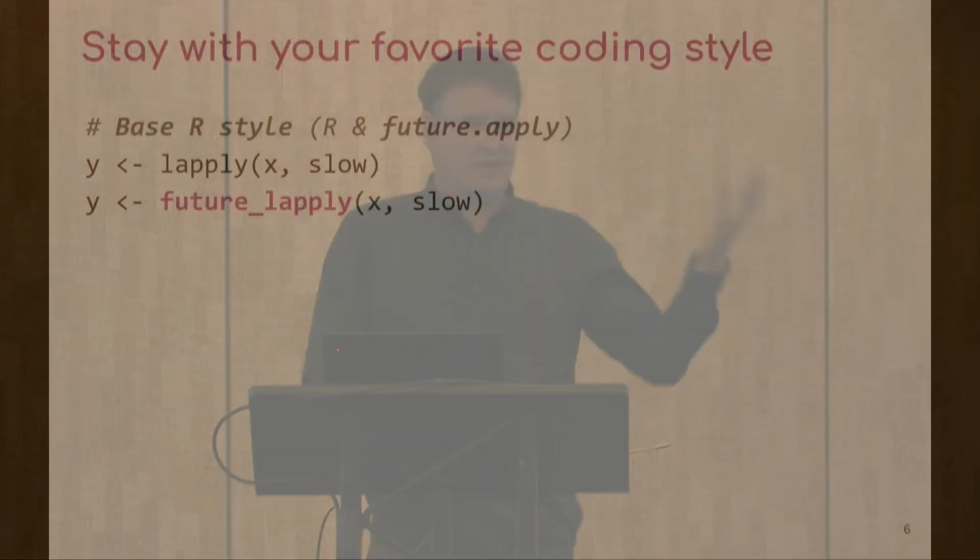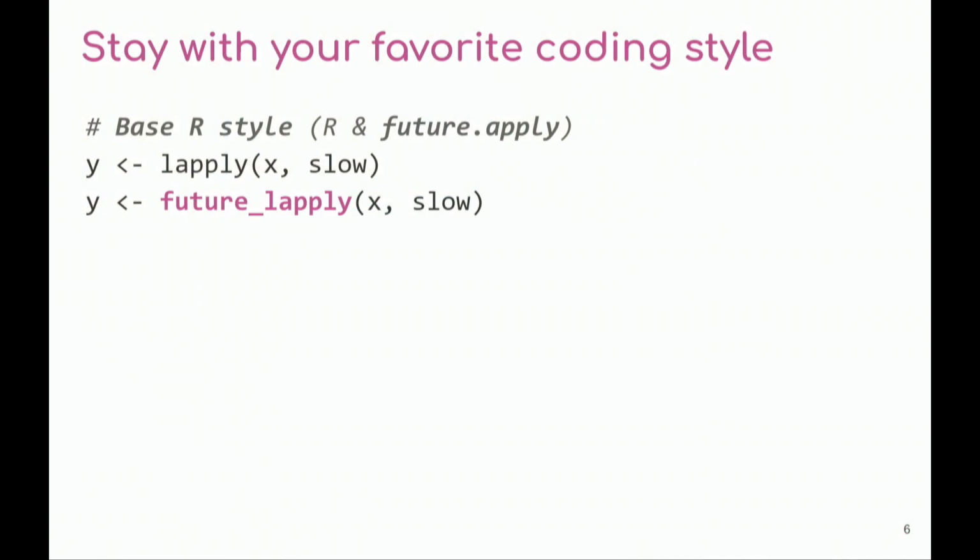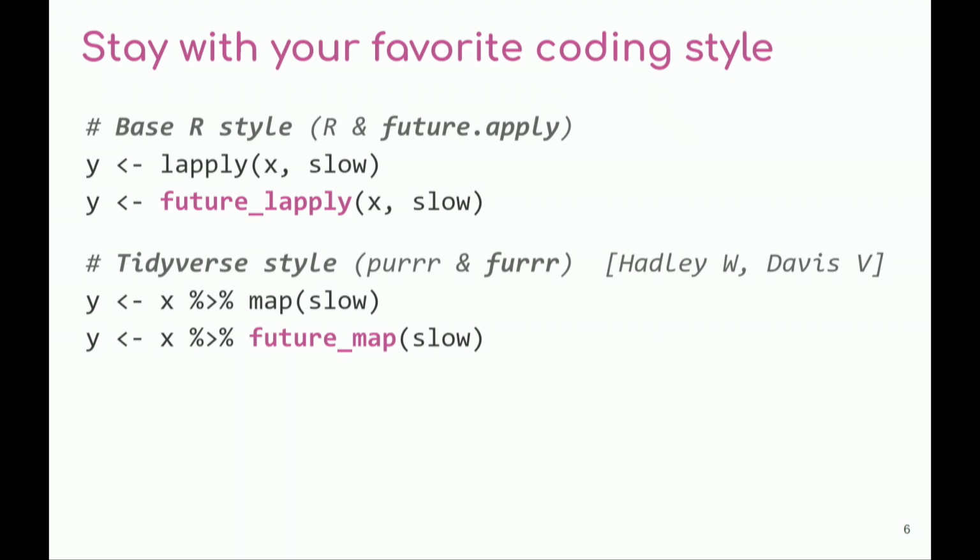And it allows you, if you want to do parallel processing in your package, to stay with your coding style. So if you like base R lapply, there is the future.apply package that provides future_lapply, future_apply, and all different styles there, and they work the same. So you basically just have to prepend with future underscore, and then magic happens. If you like tidyverse and use purrr, the purrr map function, Davis created the furrr package with the same idea, prepend with future underscore, and it would just work.